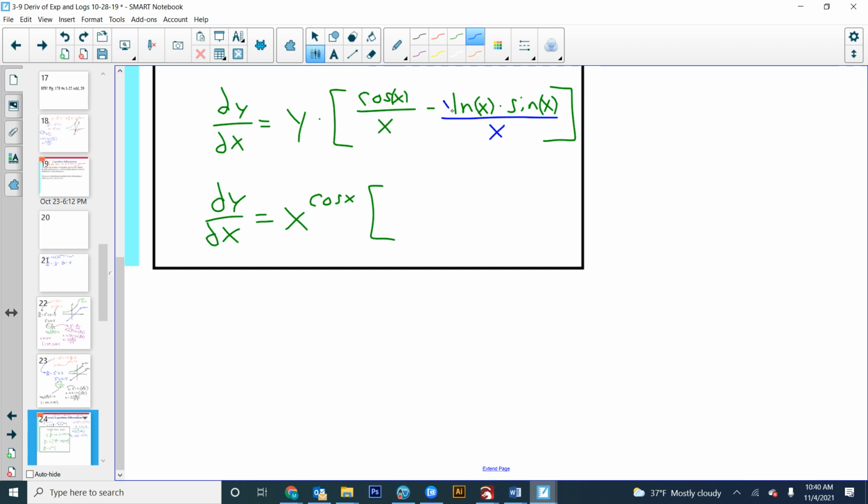X in the bottom, x up top, cosine x minus x ln x sine x over x. That is the derivative of x to the cosine x.